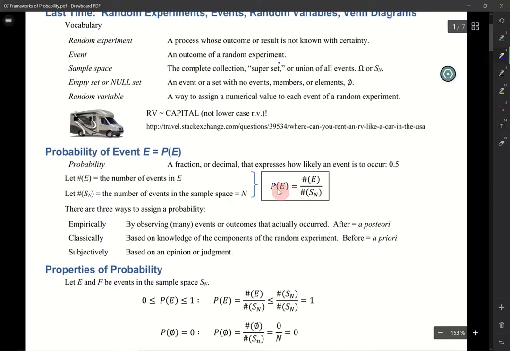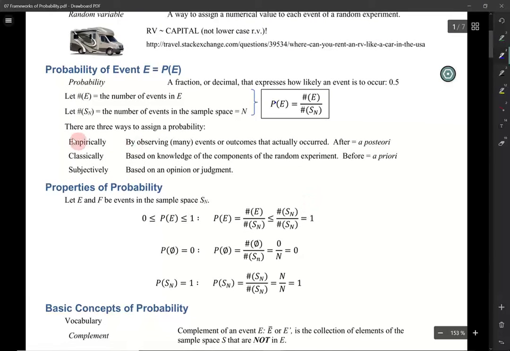And so we assign probabilities to these results, to these events, to these outcomes. And at least with discrete probability, we count up the number of times this event happens, and we divide it by the number of possibilities in the sample space, and then that fraction is the probability.